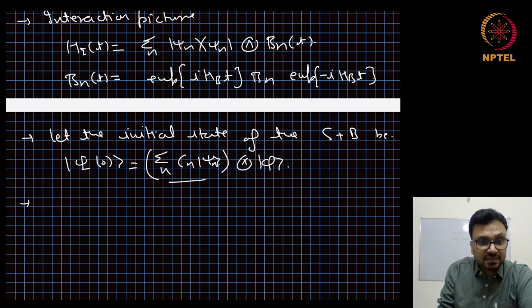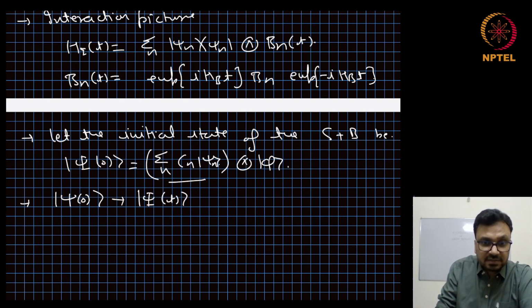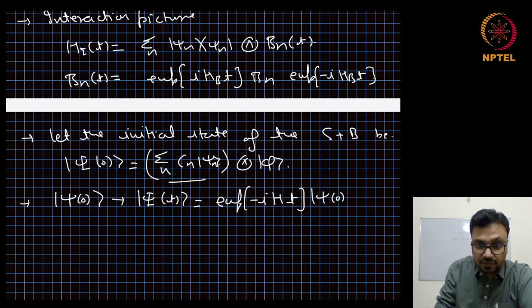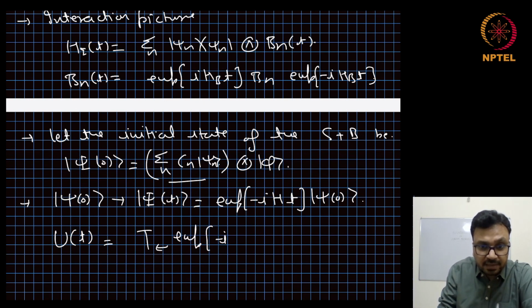The time evolution of this state will give us Ψ(0) going to Ψ(t), which is exponential of minus i capital H t, the total Hamiltonian, acting on Ψ(0). This operator U(t) will be a time-ordered exponential of minus i integral from 0 to t of H interaction in the interaction picture, as a function of s, ds.